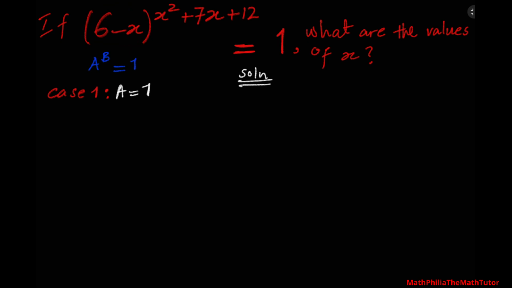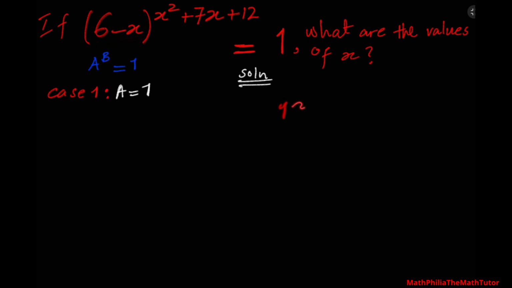I mean, think about it. If you have this term as 1, then no matter what you raise 1 to, like 1 raised to the power of, if you want trillions, whatever number you write here, the answer is going to be 1, isn't it? So if you assume that this term here is equal to 1, that is definitely true.